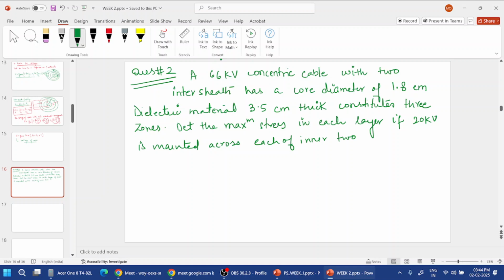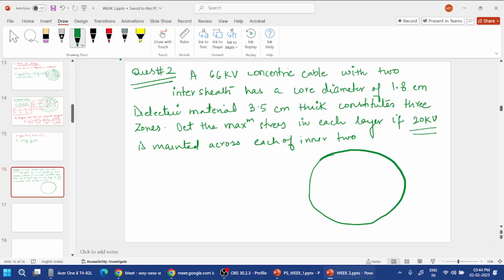So basically, across the inner two sheaths, our voltage is maintained at 20 kV. So I will draw a diagram, then you have to solve the question. I will not give options, because you should work out the values and write them in the chat box.